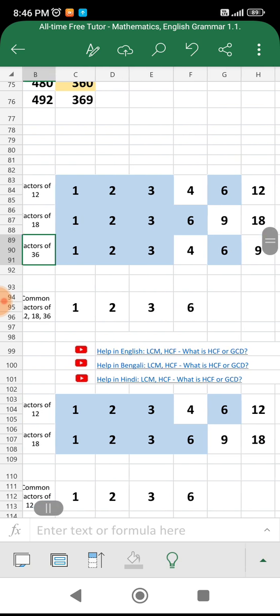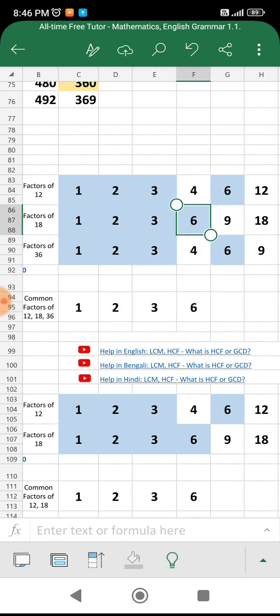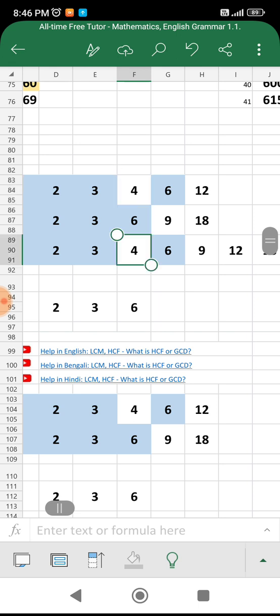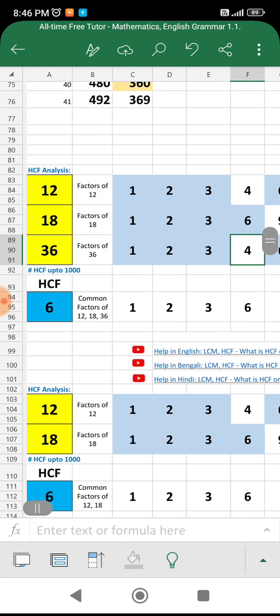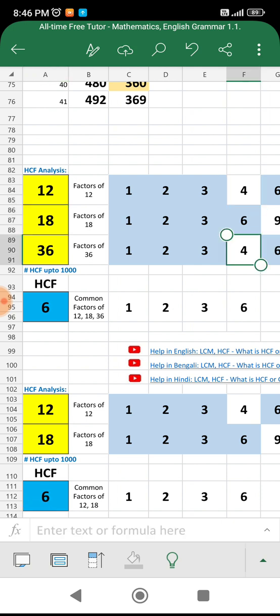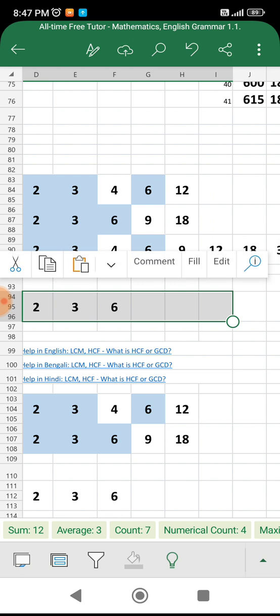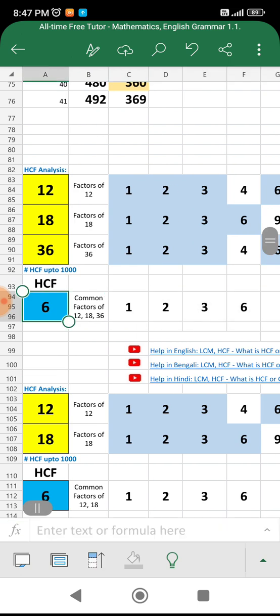And then we have to write all the common factors, which are common among all three, not between two. Look here, 4 is common between 12 and 36, but not 18. 4 is not common among all the 3, so we cannot consider 4. And then for the HCF, which one is the maximum? 6 is the maximum, so 6 is the answer here also.